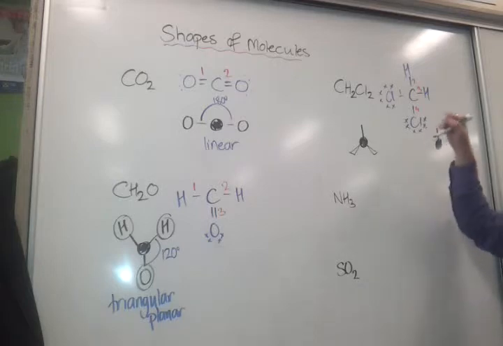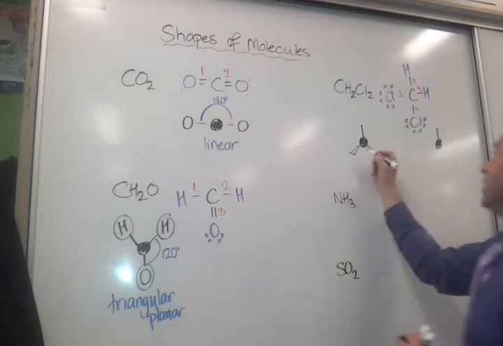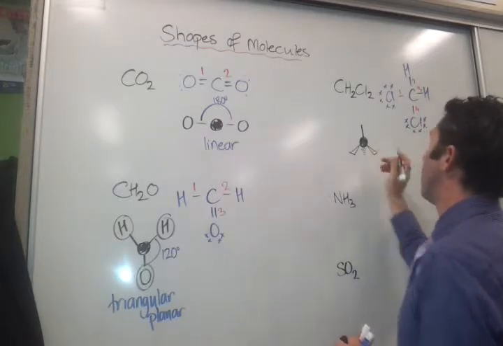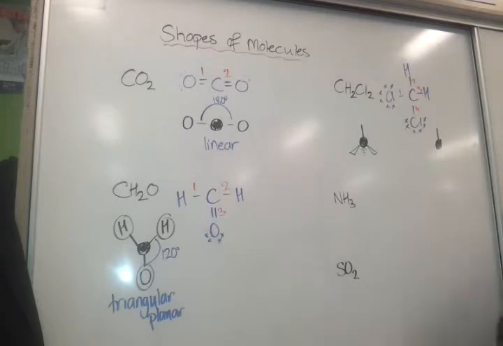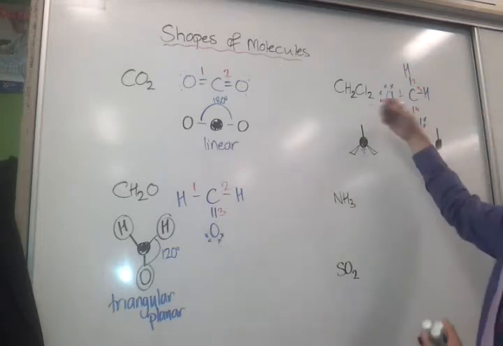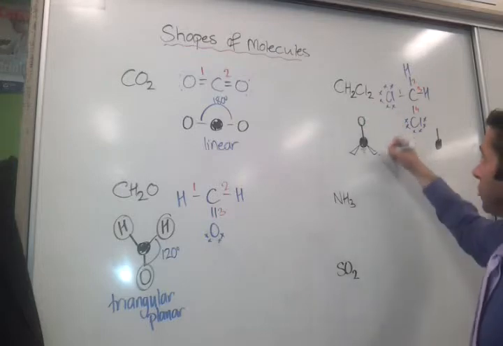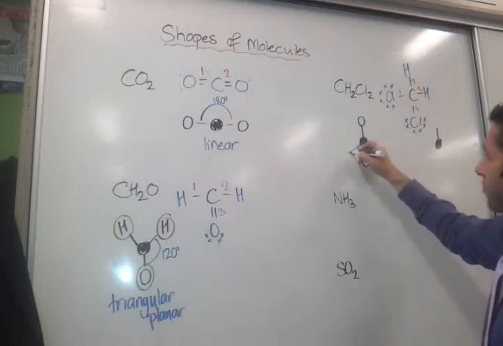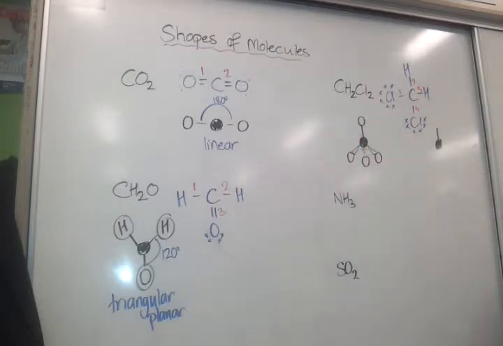Then I've got one that disappears into the board a little bit. So I do a whole set of parallel lines that diminish, so come down to basically a dot. That shows one straight behind that goes into the board. And it doesn't matter which way I arrange these atoms, so I'm just going to do circles for this one. This is a 4-sided 3-dimensional structure, and all of the angles are the same. They're 109.5 degrees.